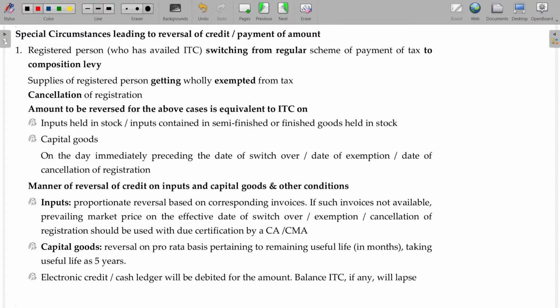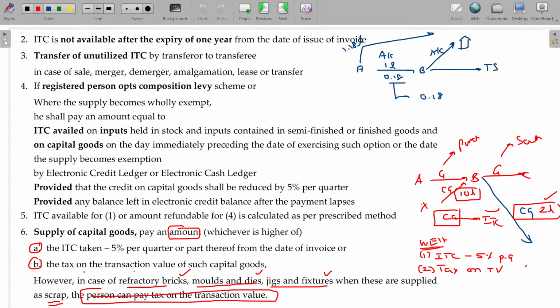Special circumstances leading to reversal of credit. While reversal, you have to do what? Payment of amount. Here already we studied this: composition levy to regular registration, and taxable supply becomes exempted supply.